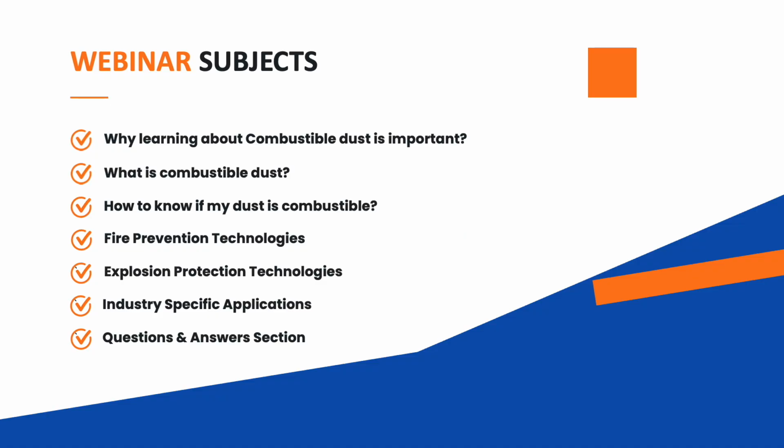All right, so what are we going to cover today in this webinar? The subjects first: why learning about combustible dust is important, what is combustible dust, and how to know if the dust in my facility is combustible. Then we're going to have our special guest from Boss Products, Joe Castigar, explain the fire prevention technologies, the explosion protection technologies, and also some industry-specific applications that they have experience with.